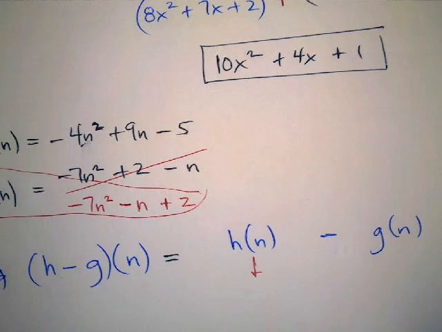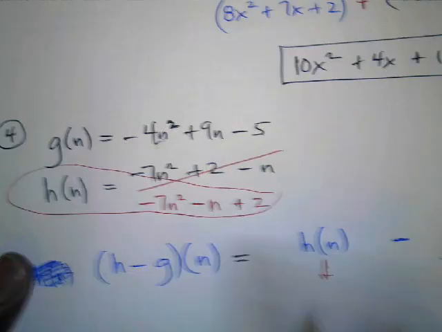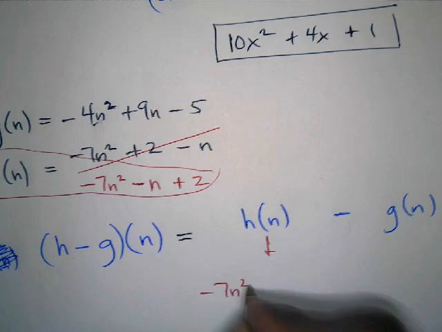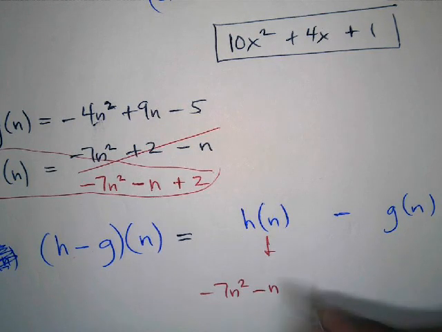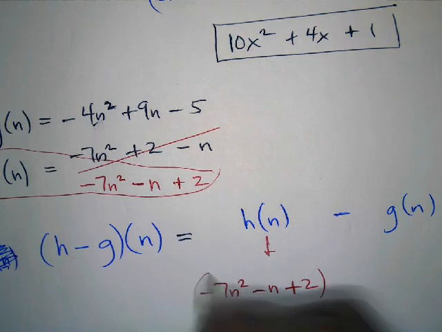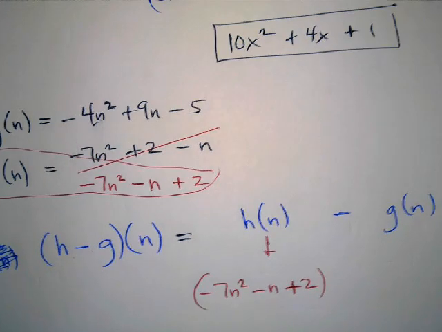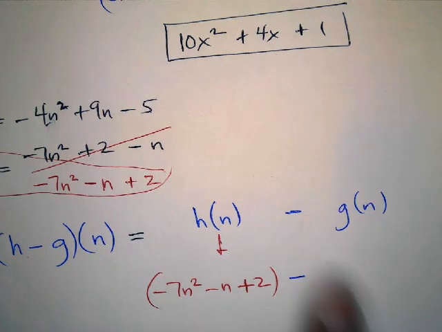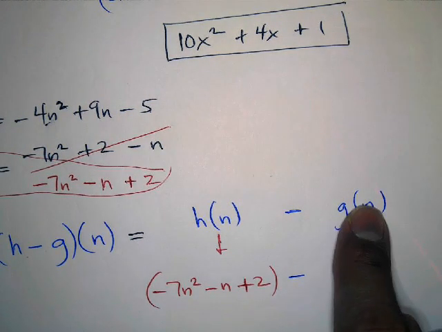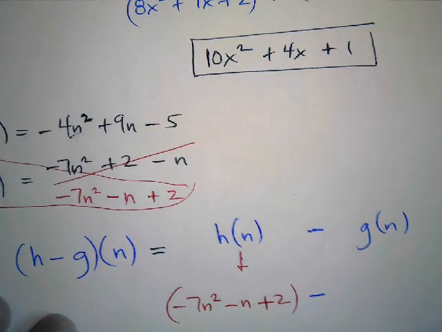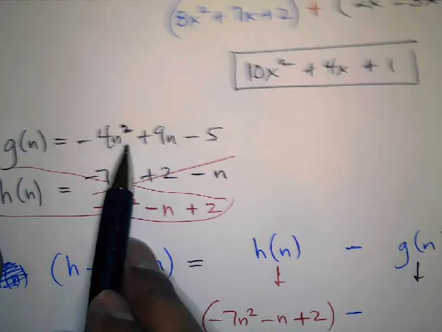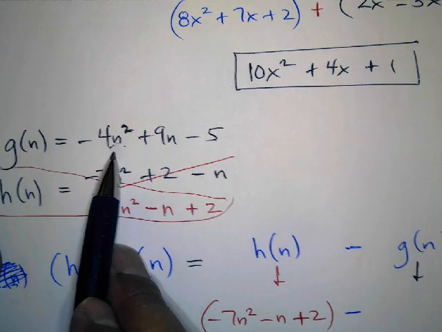And so now, which one goes in front right here? The h of n function, which is this one here. Negative, and I already wrote it in the correct order: negative 7n squared minus n plus 2. Oh, put parentheses. Look, this is exactly what I mean. Because when it's minus, it's going to change. This negative is going to change this one, right? But don't change it yet.